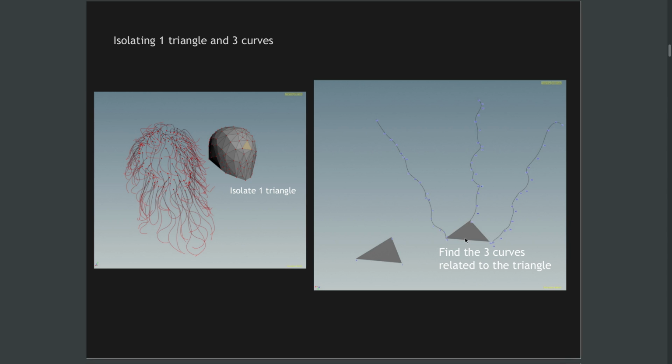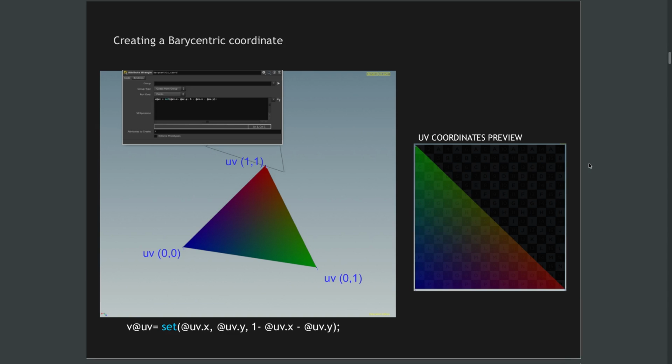And what we need to do is create curves here that are facing along the surface normal, and we need to interpolate them so that we fill all this space with properly interpolated curves. What we're going to use for that is a barycentric coordinate on that triangle.